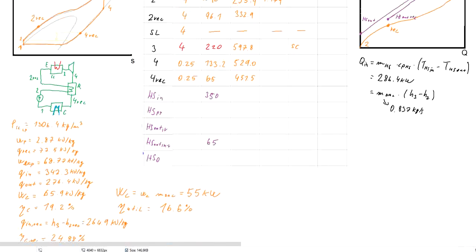So comparison of all the cases with respect to application of waste heat recovery. Let's have a look at the non-recuperated cases, work of the cycle and utilization efficiency. So this supercritical ORC, 55 kilowatts and 16.6%.